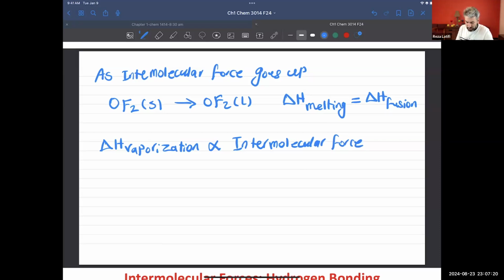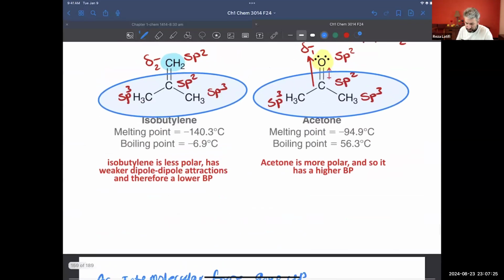So the example that we had, if I go back here, because the molecule on the right side, acetone, has a higher intermolecular force, its boiling temperature will be higher. As you see, the boiling temperature for isobutylene is around -7 degrees Celsius, while the boiling temperature of acetone is 56. So technically at room temperature it is liquid. And it's true, at room temperature it is liquid, the same compound that we use for cleaning nails.